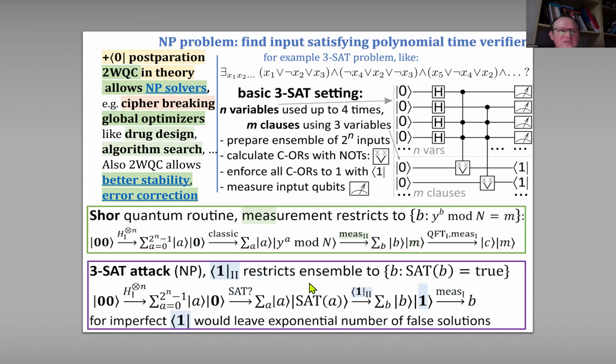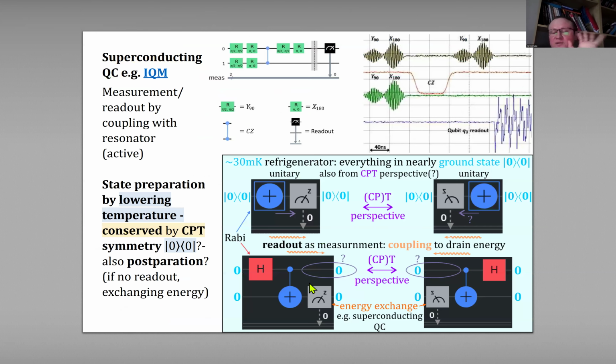So, for example, for superconducting, you perform state preparation by just lowering the temperature. There is a very low temperature, like 20 to 30 millikelvin, so we can assume that everything is in the ground state. Then we perform some operation, then we measure.